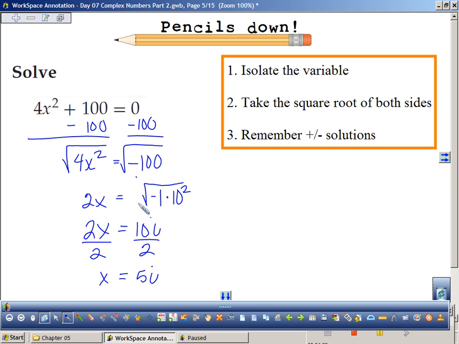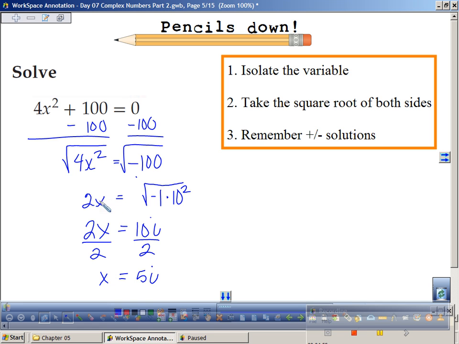There's a reason why it's got to be plus or minus. All right? What we're doing is we're solving for an unknown. When I have this, can you tell me whether x is negative or positive? Can't, right? You can't tell me whether x is negative or positive.